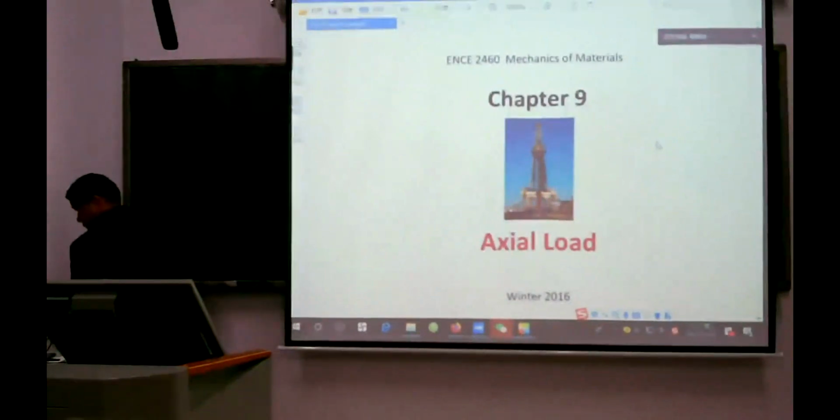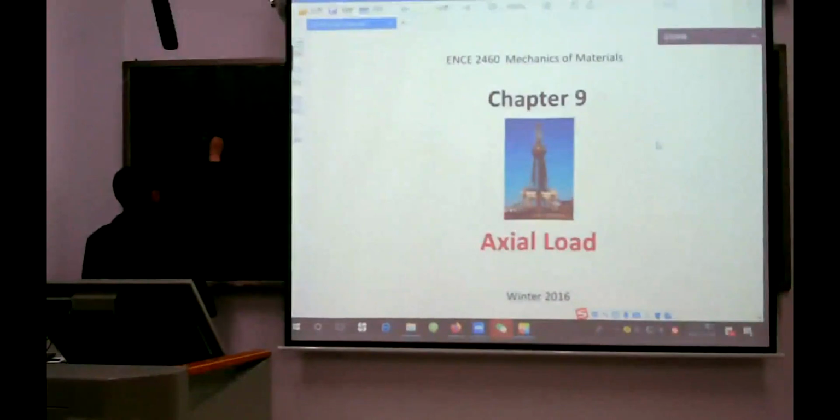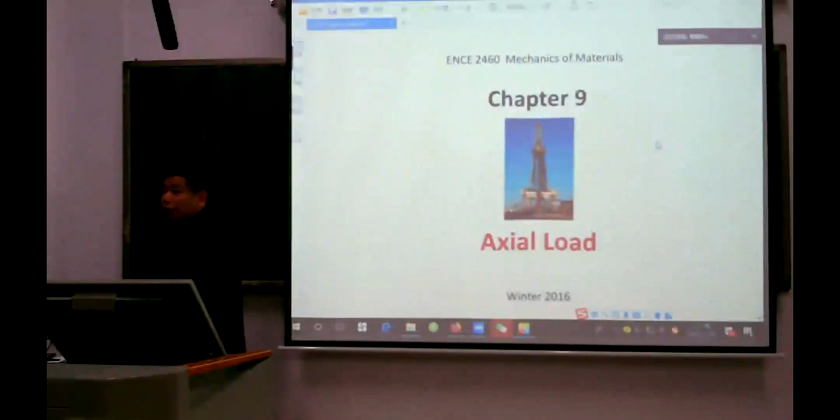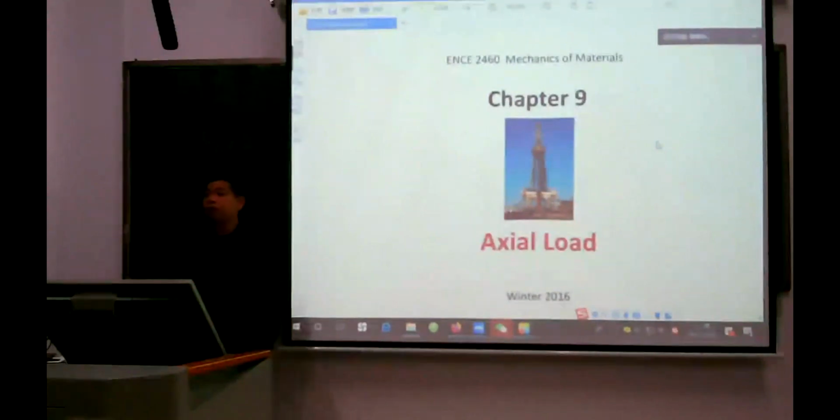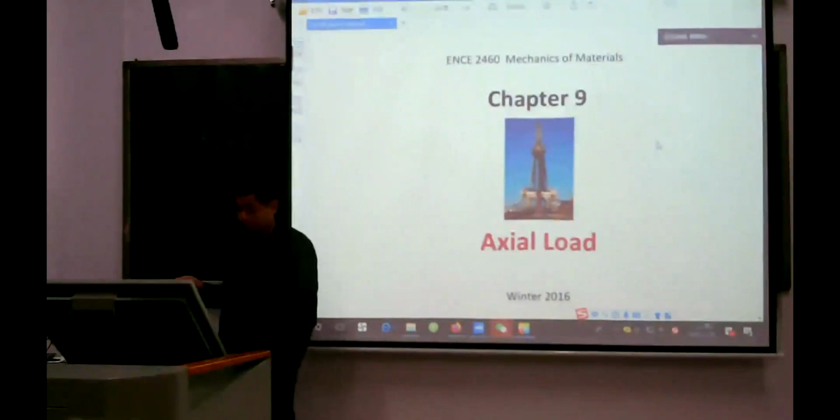Sigma is F_N over A. Yes or no? We know if it is less than the allowable normal stress, the tension rod, the axial loading rod, is safe.